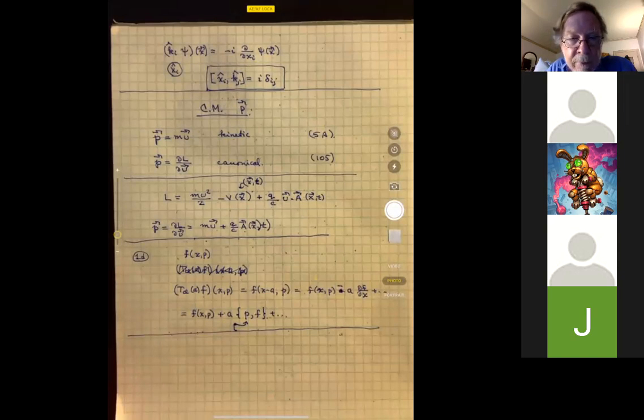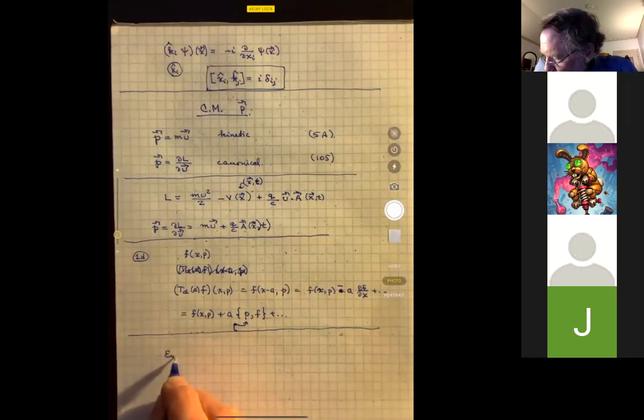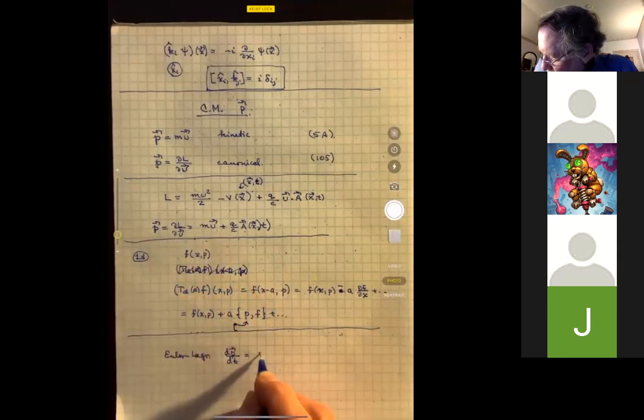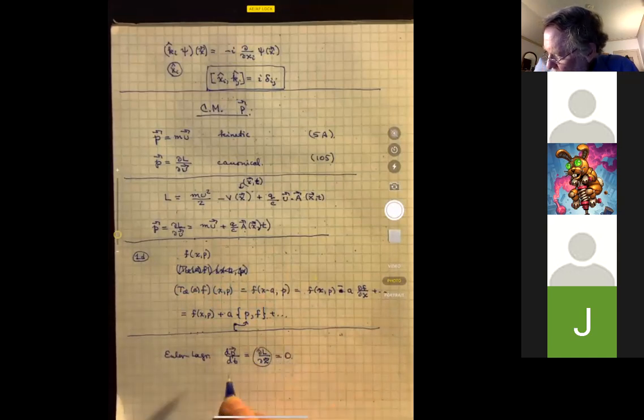Then the momentum is conserved. Well, this follows from the Euler-Lagrange equations. The Euler-Lagrange equations say that the time derivative of the momentum, the canonical momentum defined up here as dL/dv, is equal to the partial of L with respect to x. But if L is independent of x, this is equal to 0.